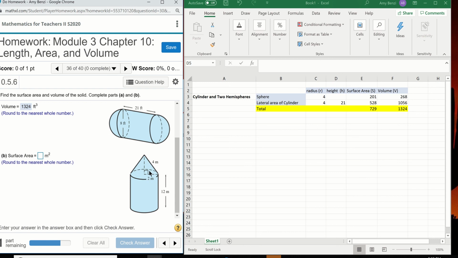You can do the entire cone, because even though you're not going to use the circle at the bottom of this cone that's sitting on top, there's still a circle at the bottom of the cylinder. If that makes sense to you, hopefully it does, you can just follow the formulas and plug them into Excel using your examples, and then go back through and plug in the numbers for your actual problems.